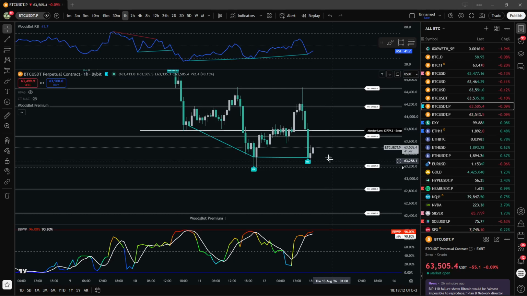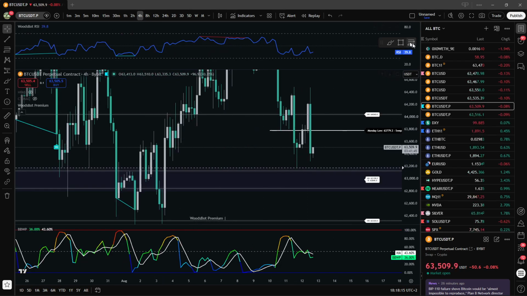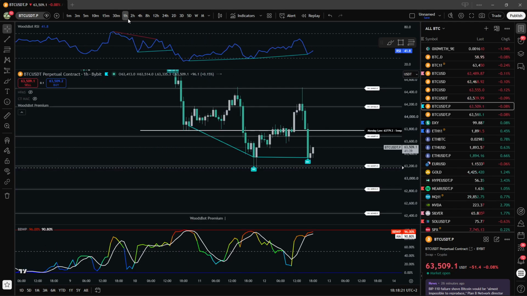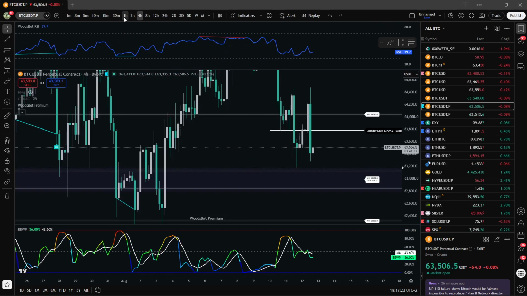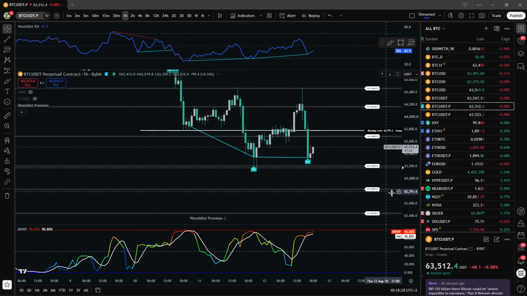Ideally, I would have liked to have this bullish divergence when Bitcoin is actually coming into the confluence zone. But you gotta respect the bullish divergence, right? You gotta respect the bullish divergence.